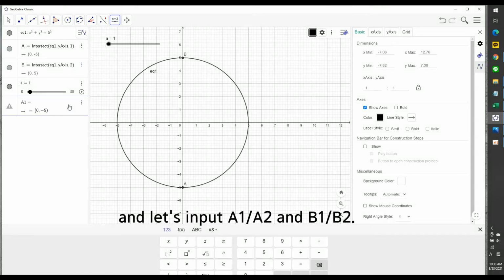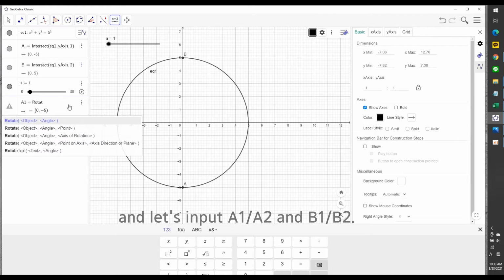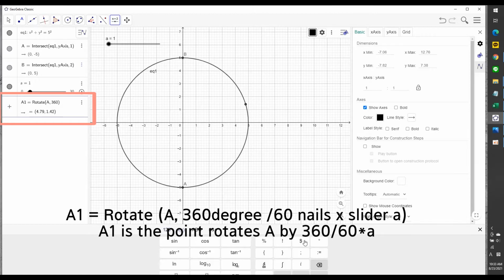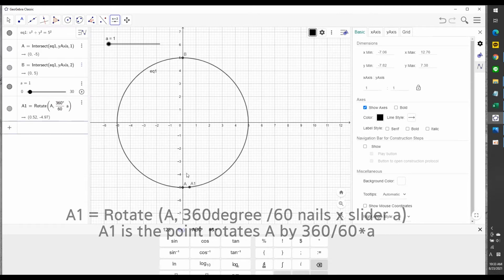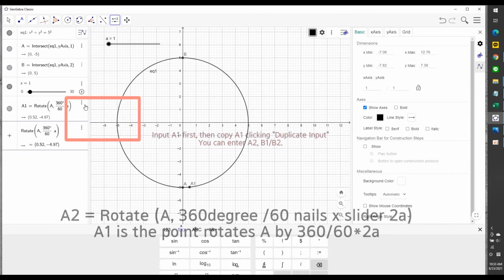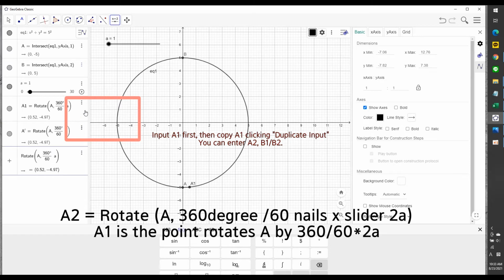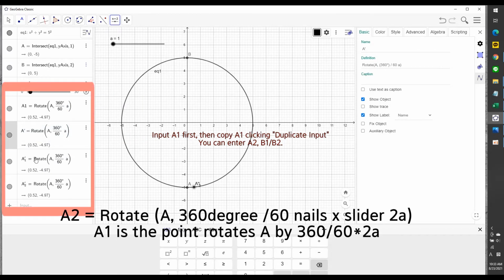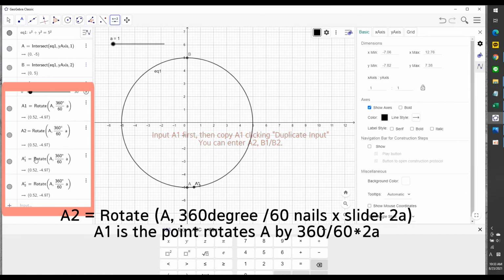Now enter A1: rotate A by 360 degrees divided by 60 nails multiplied by slider a. And A2: rotate A by 360 degrees divided by 60 nails multiplied by 2a.